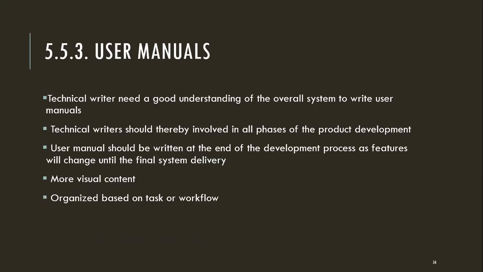So whoever the technical writer is who writes a user manual should have a good understanding of the overall system. You are writing about the system itself. Then the technical writer should thereby be involved in all phases of the product development. The user manual should be written at the end of the development process as features will change until the final system delivery.